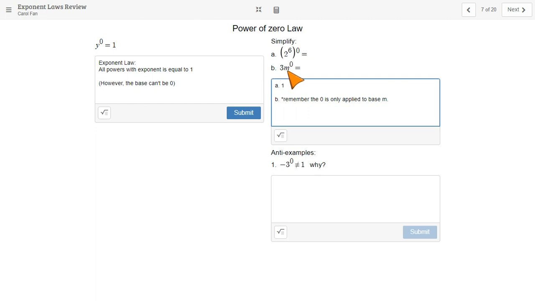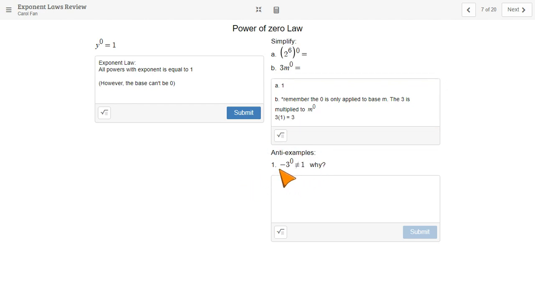This is the number that's going to be multiplied to m to the power of 0. So let's simplify it. We would have 3 times 1, because we know that m to the power of 0 is equal to 1. Our final answer is 3.